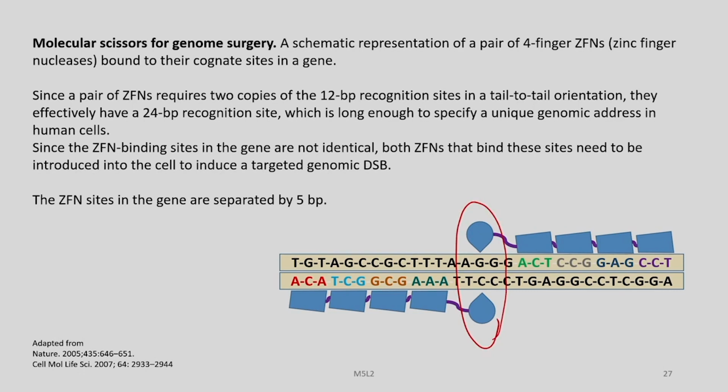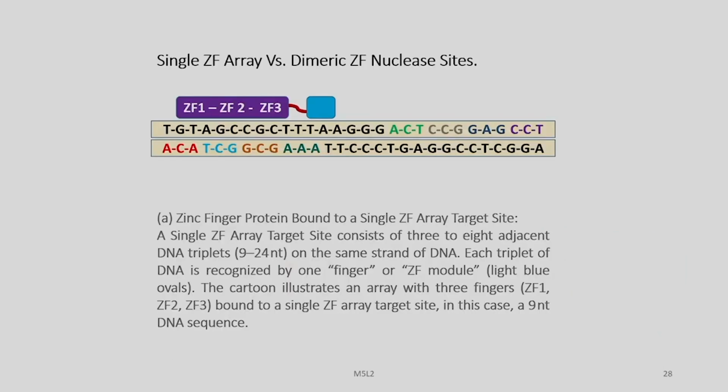So, if the binding on any of the strands, either the sense or the antisense fails, the cleavage will not happen. So, this gives additional specificity to such constructs. The ZFN sites in the genes are separated here by around 5 base pair as shown in the schematics.